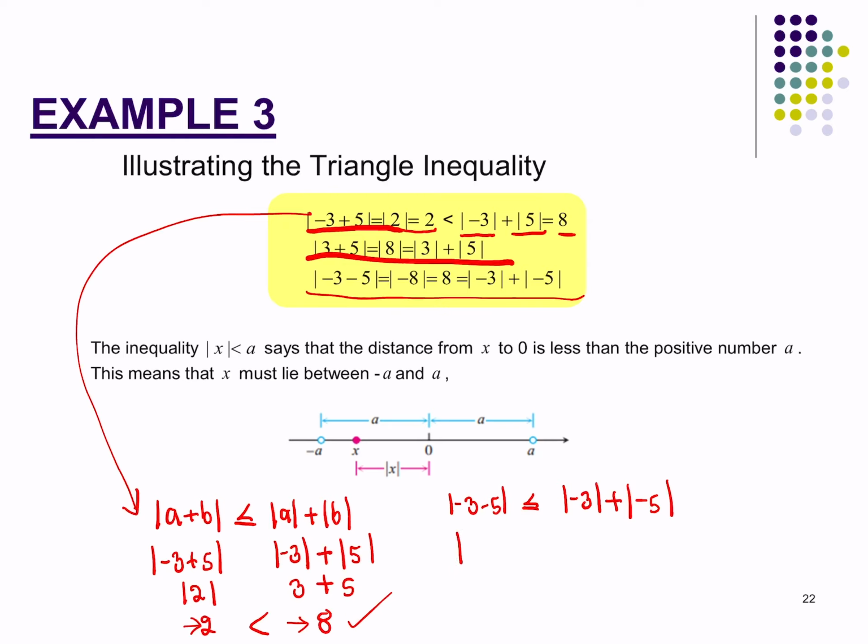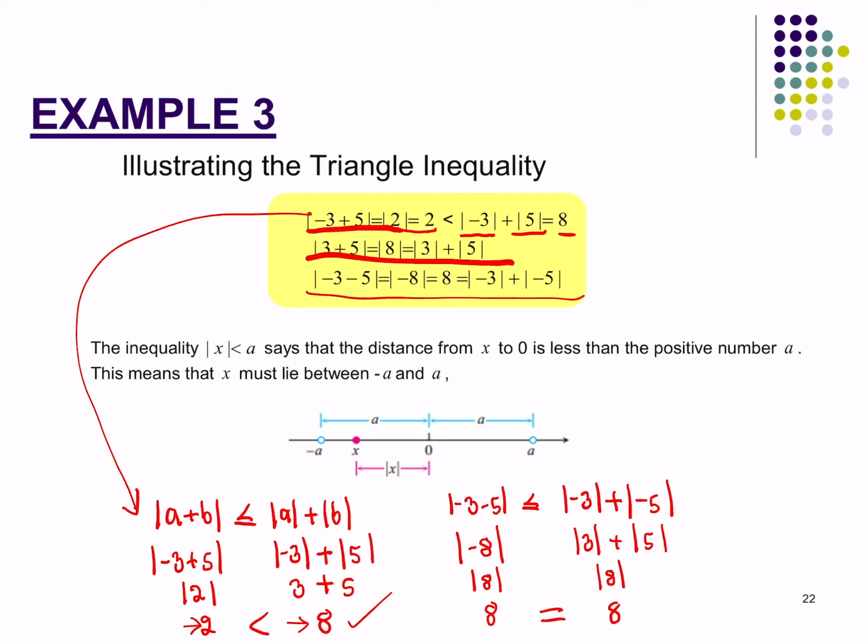Minus 3 minus 5 gives you minus 8. The magnitude of minus 8 becomes the magnitude of 8, and the magnitude of 8 becomes 8. On the other side, you get the magnitude of 3 plus the magnitude of 5, which gives you the magnitude of 8, and that becomes 8. So in this case, 8 is equal to 8.